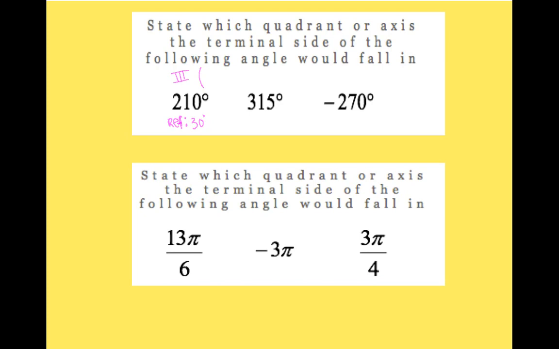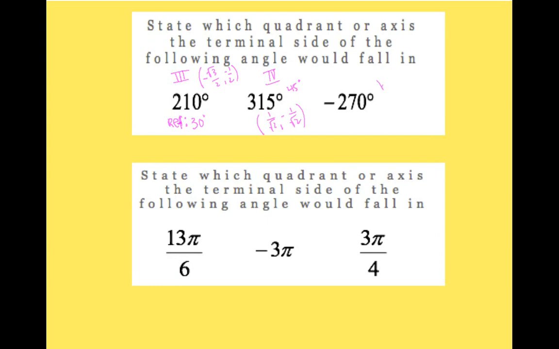With 30 degrees, you're going to have negative root 3 over 2, negative 1/2. Now 315 is going to be in quadrant 4. That reference angle is going to be 45 degrees. So that means this coordinate point is going to be 1 over root 2, negative 1 over root 2.